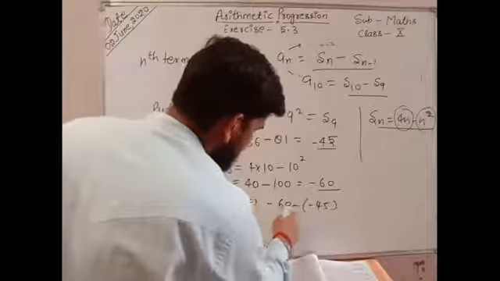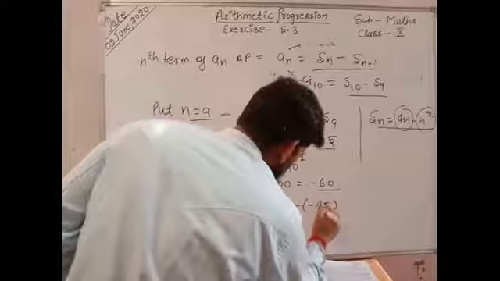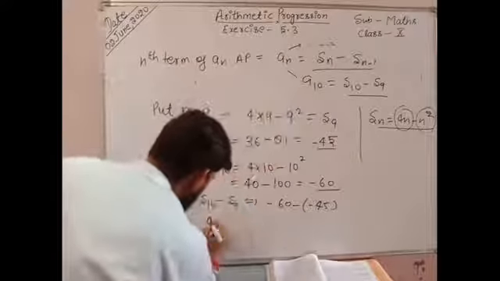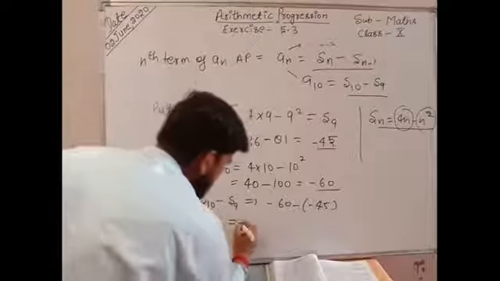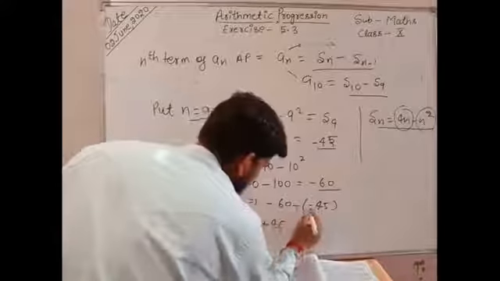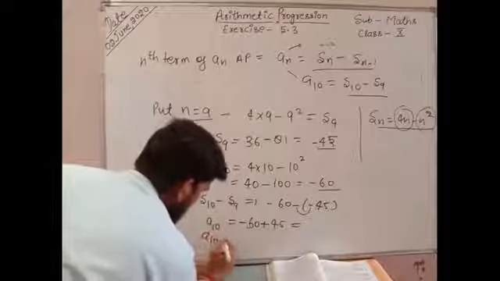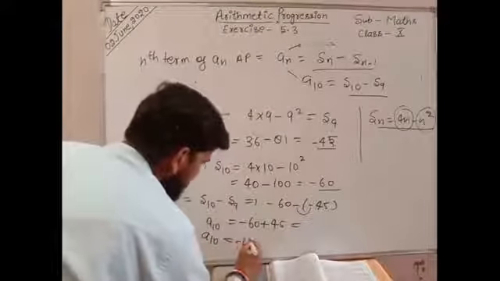So minus 60 minus minus 45. So A10 is equal to minus 60 plus 45, minus multiplied by minus becomes plus. So A10 is equal to minus 15.